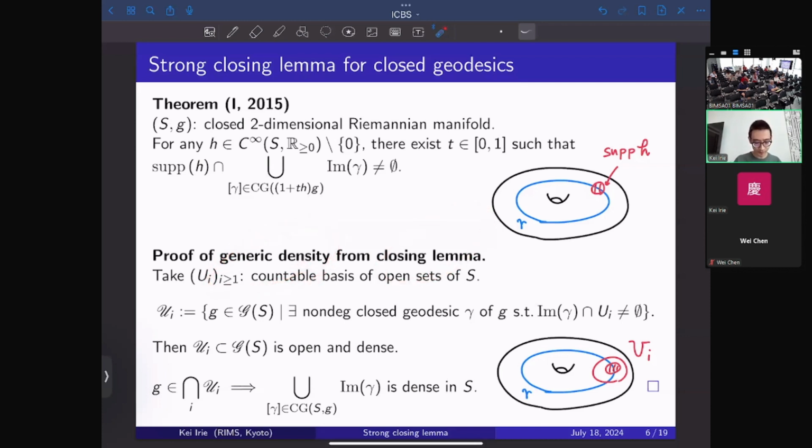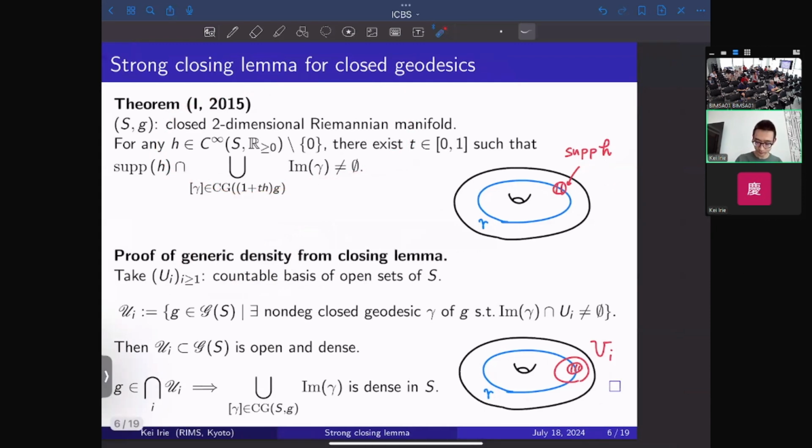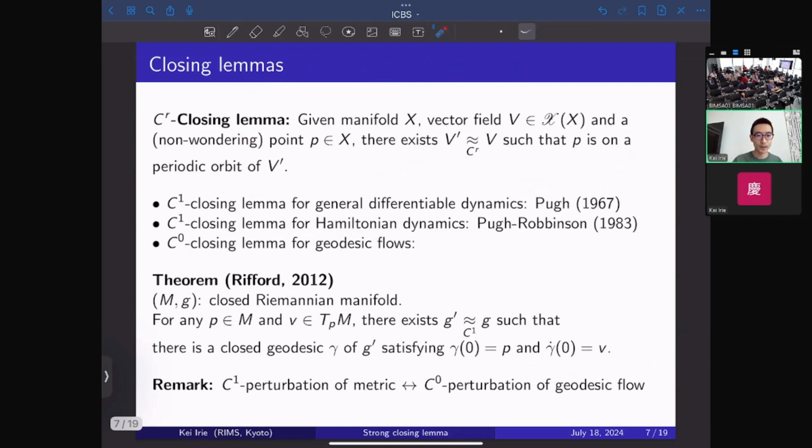Now let me explain why I call this result the strong closing lemma. Closing lemma is an important problem in dynamical systems which can be formulated in the following way. So let X be a manifold, V be a vector field, and p be a point on X which satisfies a condition called non-wandering, which is always satisfied for geodesic flows.